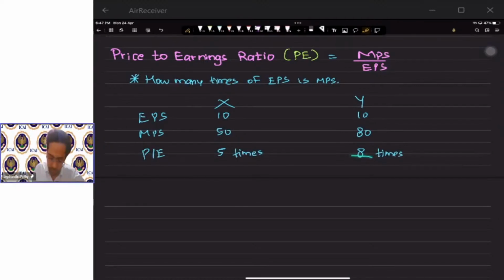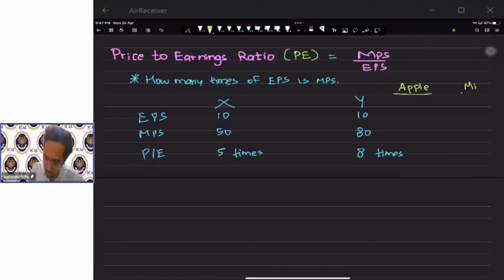Because see, for the same level of earnings, the company has got a higher market price. People are ready to pay a higher price for this company because it has the confidence of the investors. I'll tell you a simple example. You have Apple and you have MI.